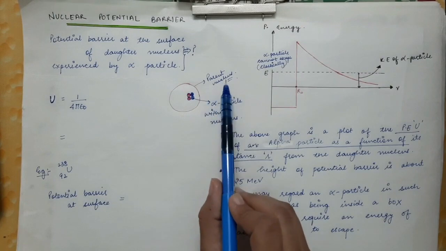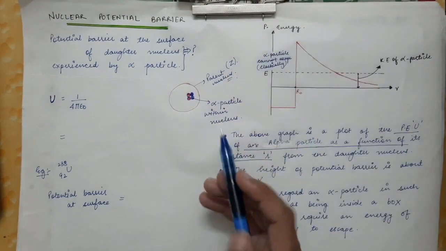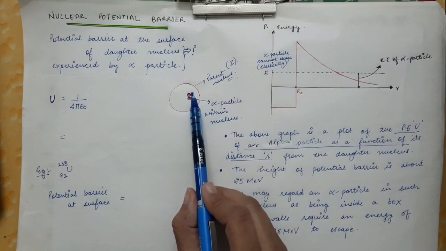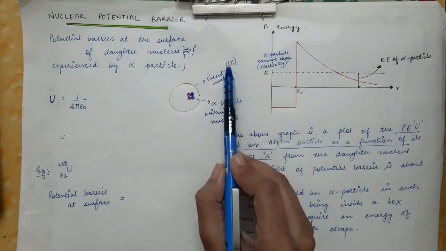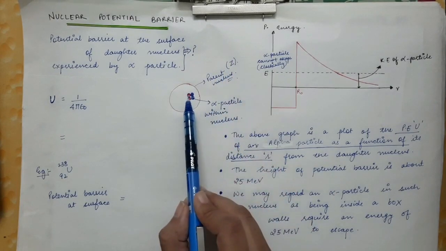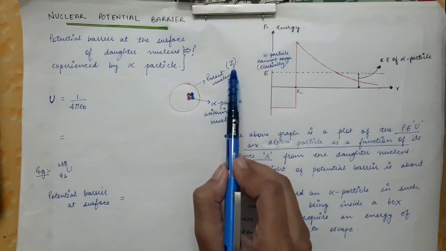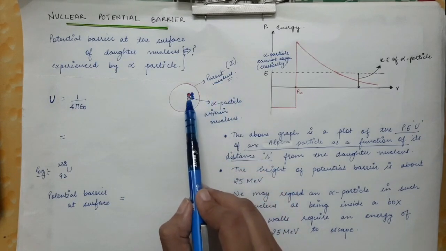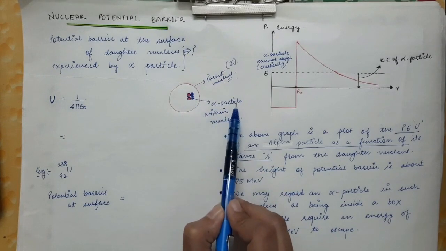So let's say the parent nucleus has atomic number equal to Z, and the alpha particle will have plus 2e charge. So from this Z number of protons, 2 protons have been clubbed with 2 neutrons, and they make up the alpha particle.